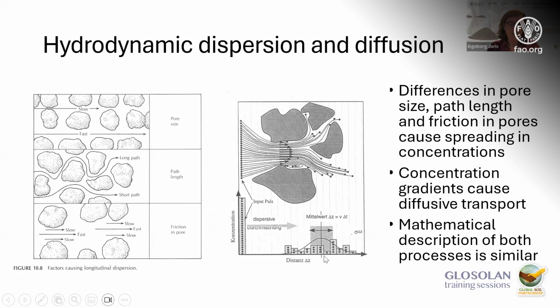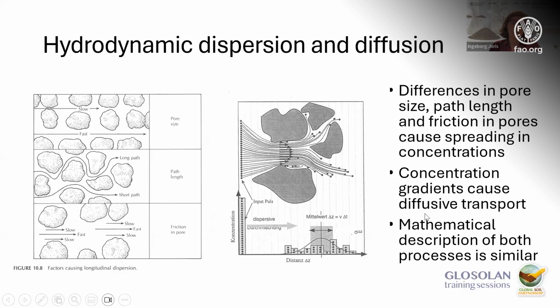Some arrive very fast, some arrive very, very slowly, and a lot of them are in the middle. This is called the dispersion. You can start with solutes at the same time, but they will get spread out during the transport because of the porous medium, which causes all kinds of complexities for the solutes to pass. So dispersion is spreading in concentrations.